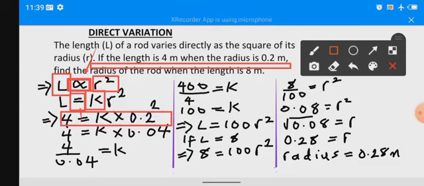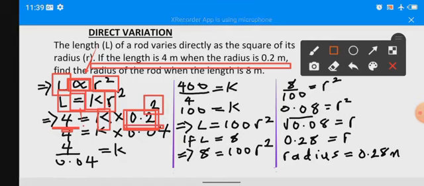The 4 is the length, and instead of writing R, we have replaced R with 0.2. The statement is L is equal to KR squared, so L, which is 4, is equal to K times 0.2 squared.